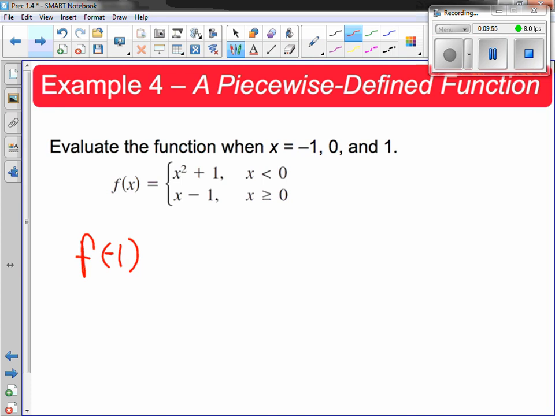Any value of 0 or greater will use this one. So f of negative 1. I'm going to plug negative 1 in for x squared. So I have negative 1 squared plus 1. What is negative 1 squared? Plus 1 is?